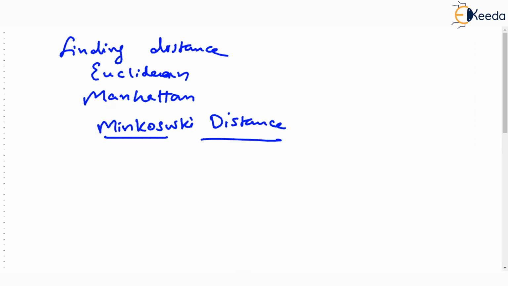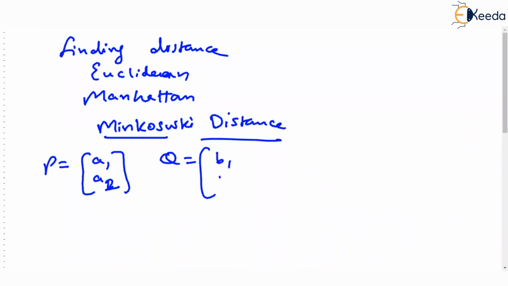Given P, which is two-dimensional. Let's work with only two-dimensional points, and later we can update, because whatever applies to two dimensions applies to higher dimensions also. We can just extend the formula. Let's say Q is B1, B2. Then the distance between P and Q, let's call it Minkowski, is given by the formula. The formula will be the summation of i equal to 1 to n.